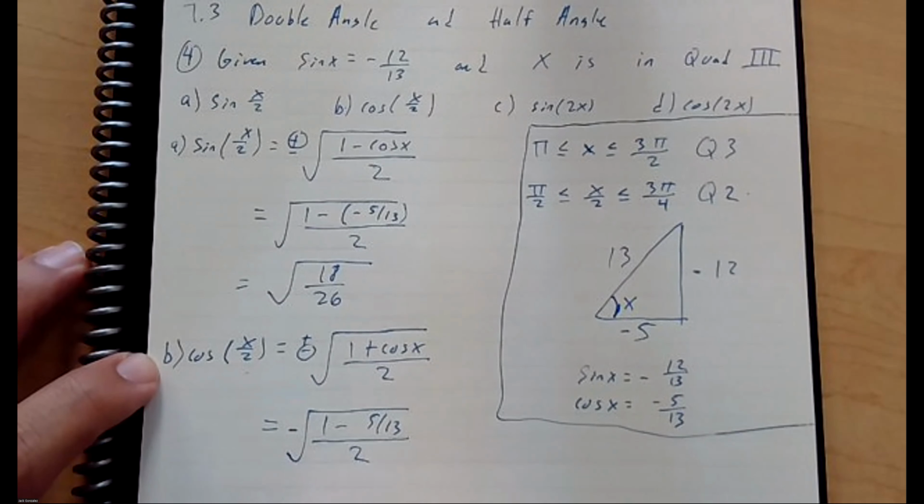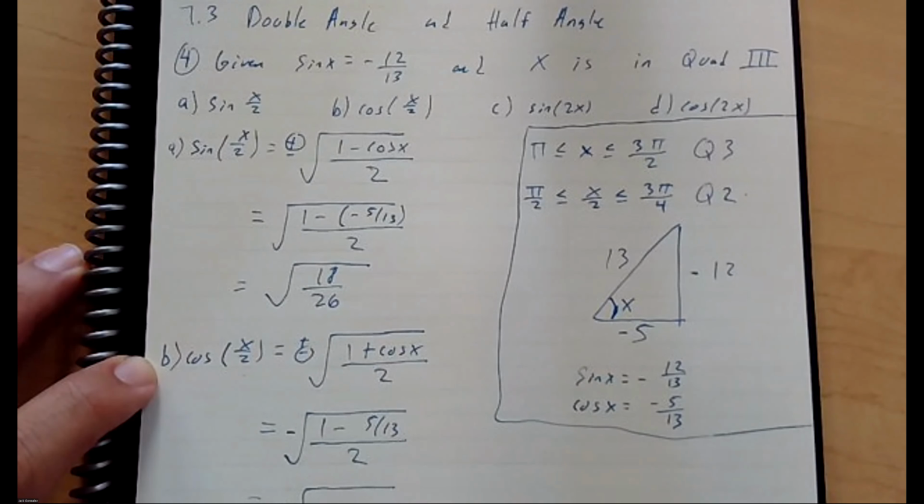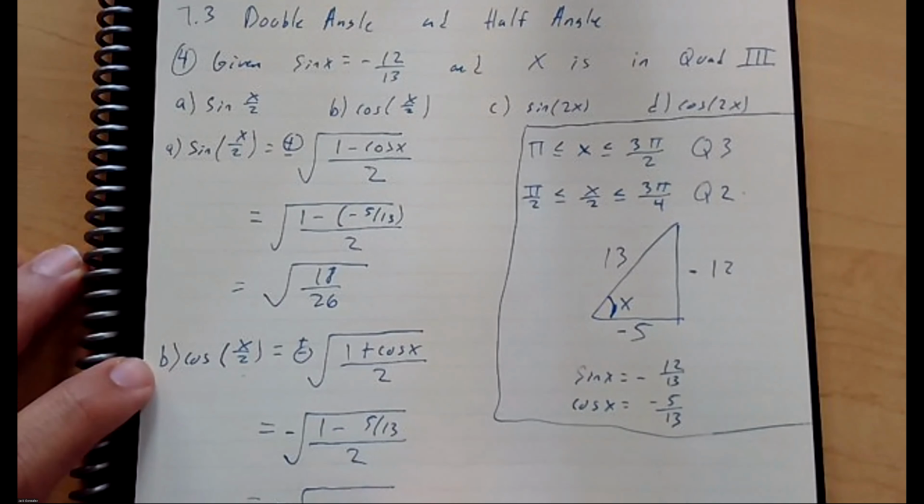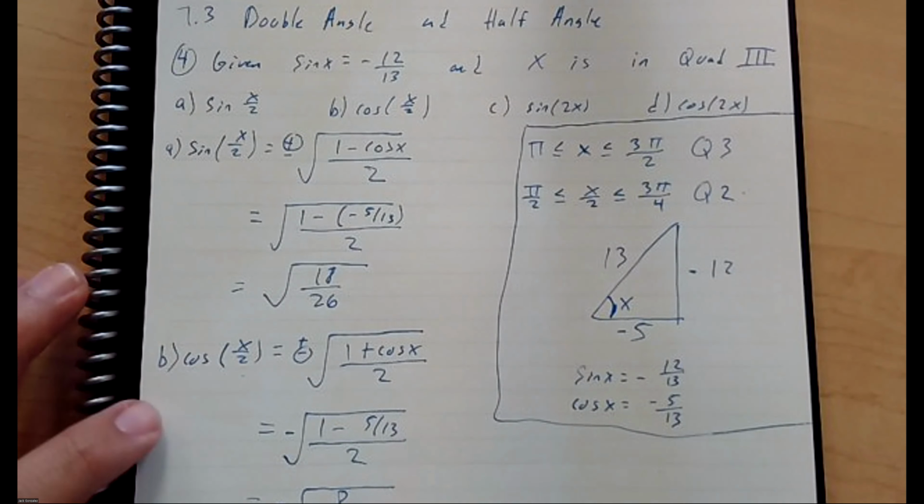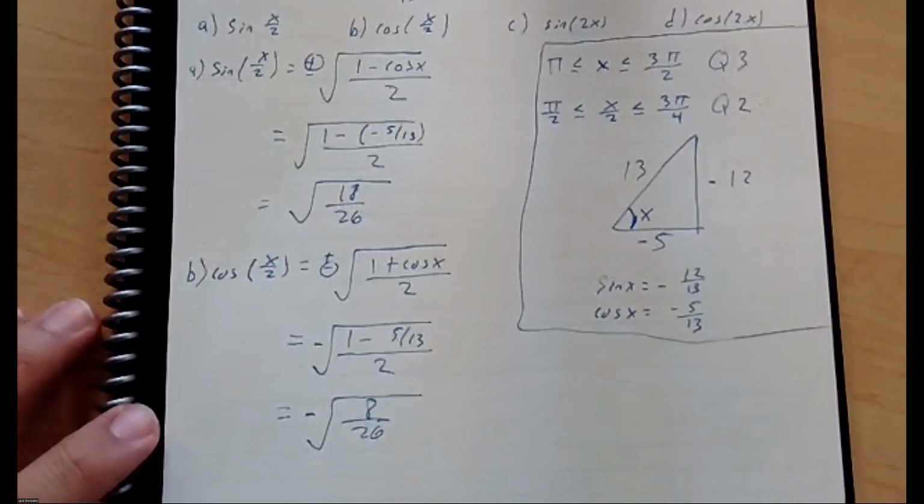So this will become negative square root of (13 minus 5) over 26. Anyway.